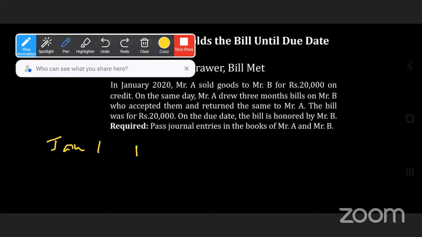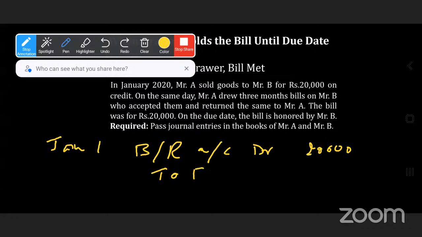Bills receivable account, debtor. How much is the amount? 20,000. On whom is the bill drawn?